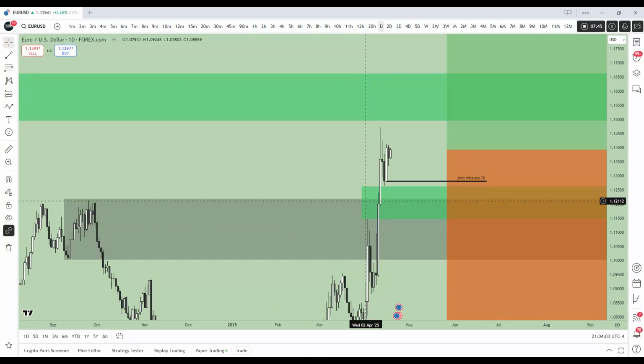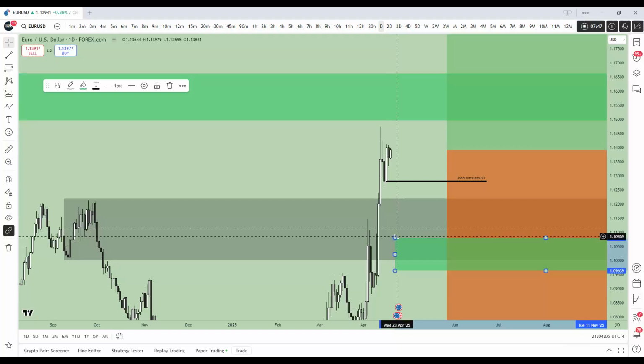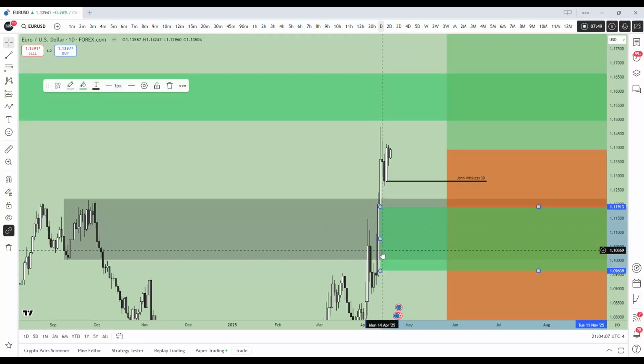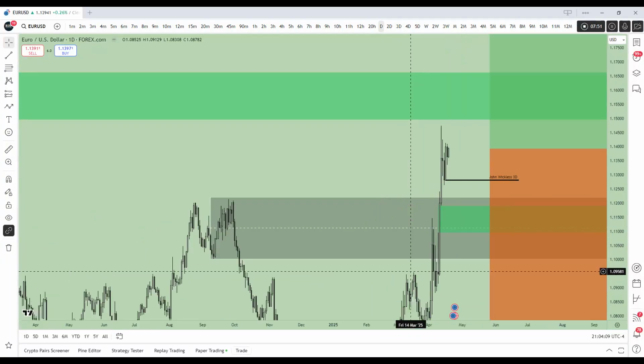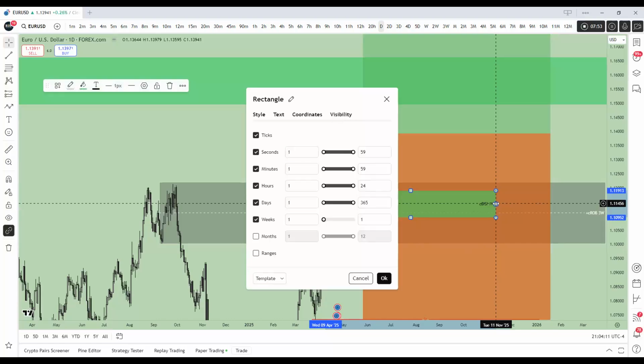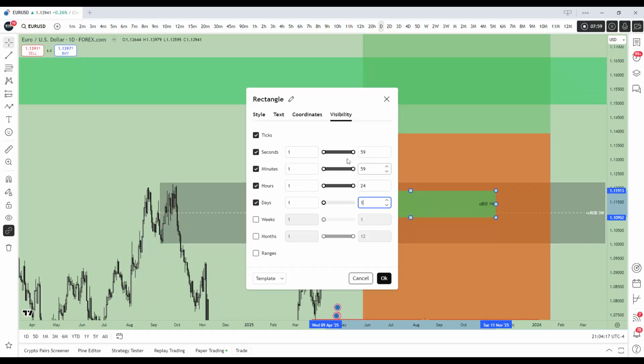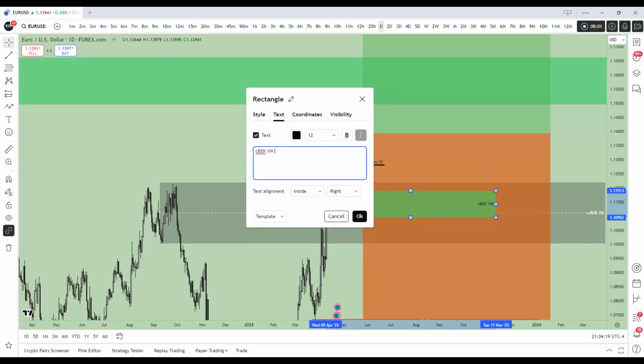So this area is interesting to me. It's under 1 week, but let's call this my POI. It's an R2F gap.